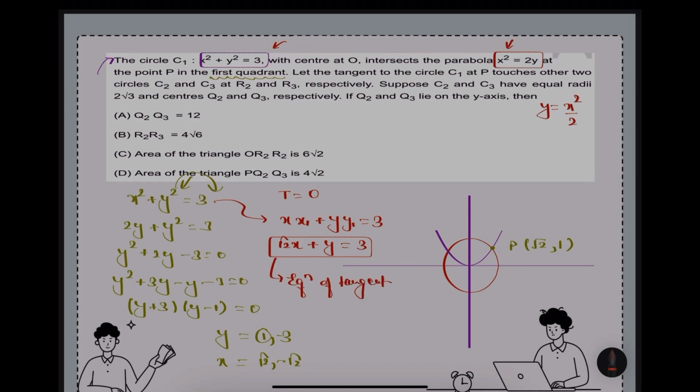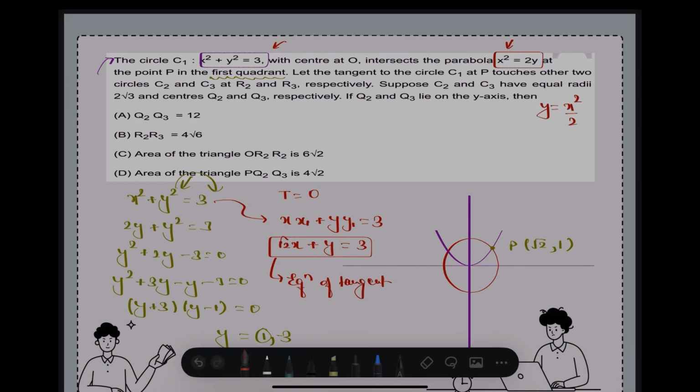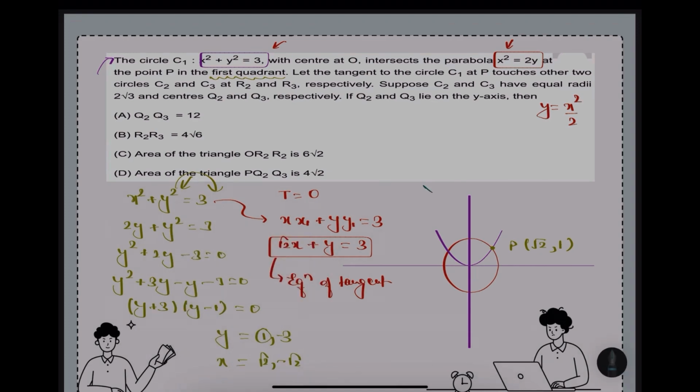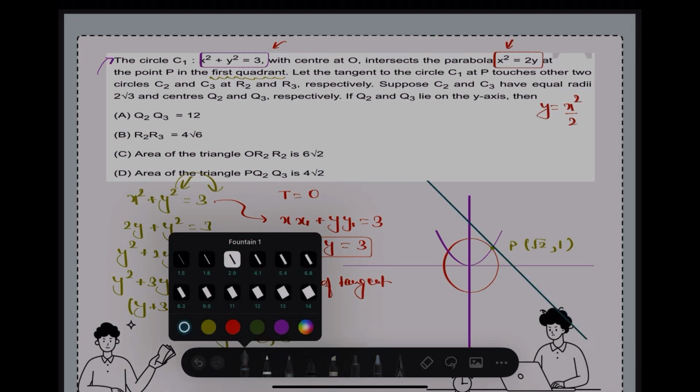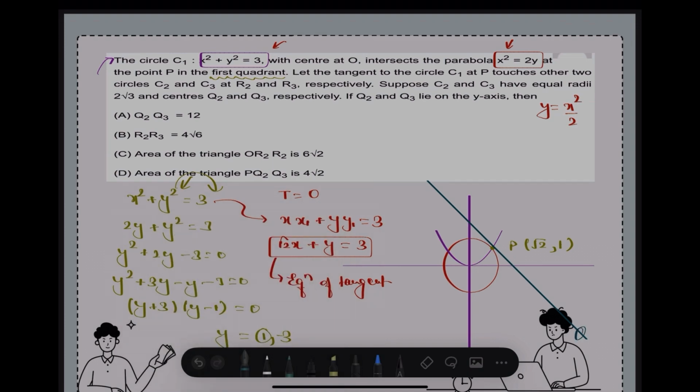Okay, now try to drop the equation of tangent. Okay, this is your tangent.